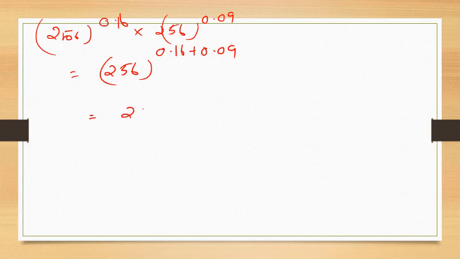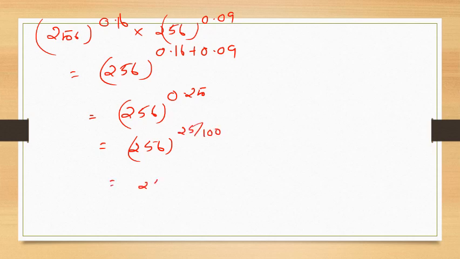So it is 256 raised to 0.25. 256 raised to 0.25, you can write it as 25 by 100. So 256 raised to 25 by 100 is what? 1 by 4.